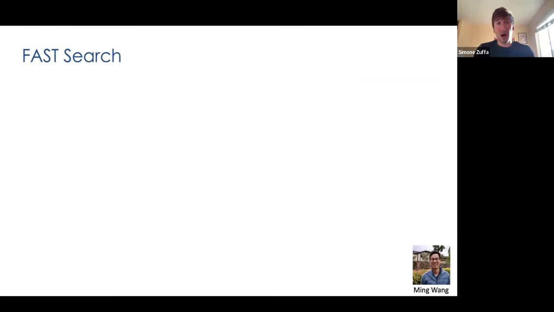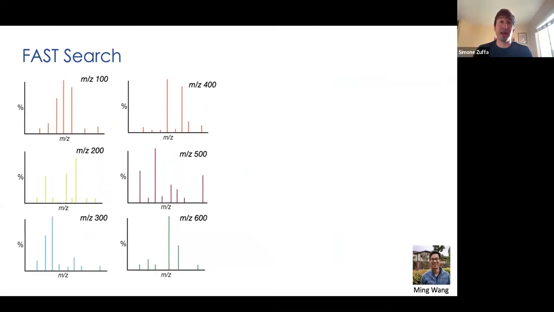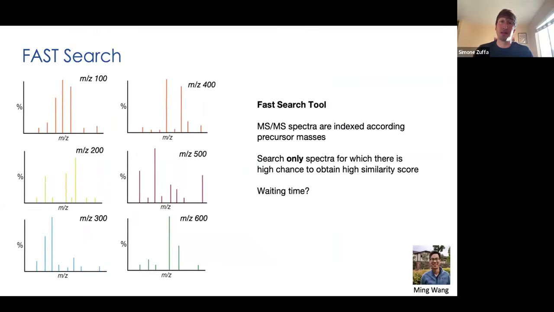data, but a lot of data is useless if you cannot quickly search through it. So luckily for us, Ming Wang, a former postdoc in our lab, now assistant professor at UC Riverside, was developing a fast search tool that basically allows you to index all the MS/MS spectra present in your curated repository, and also allows you to search your spectra of interest against this repository in just seconds.